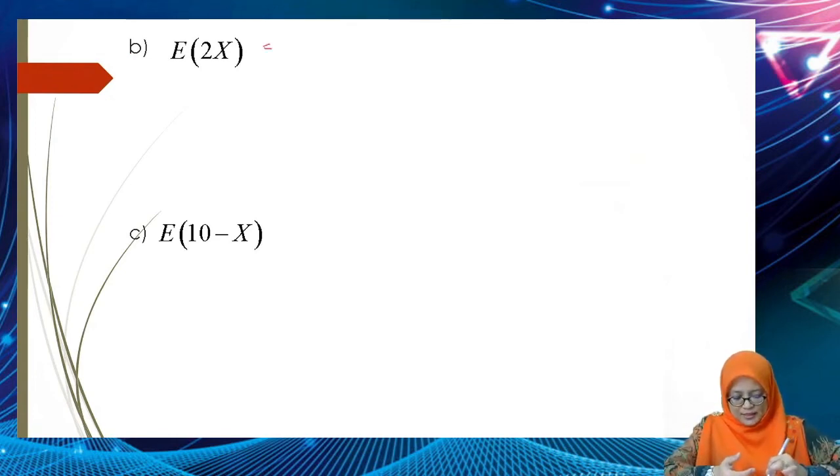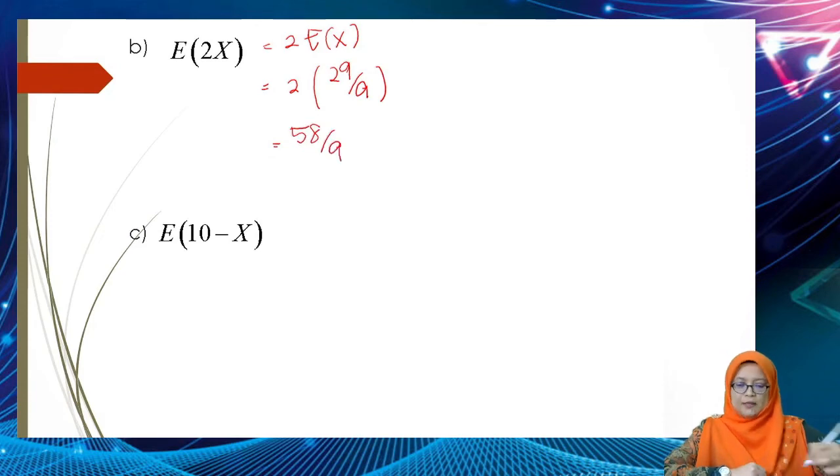Okay, so ini ada 2 expectation X. So 2 expectation X tadi kita dapat 29 over 9. So 29 over 9 times 2 is 58 over 9.